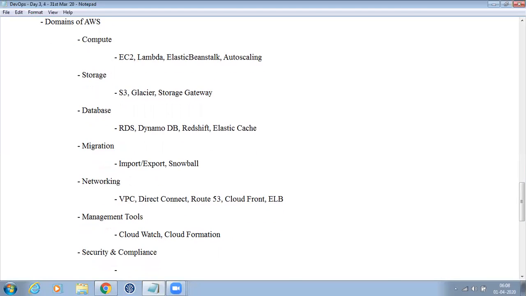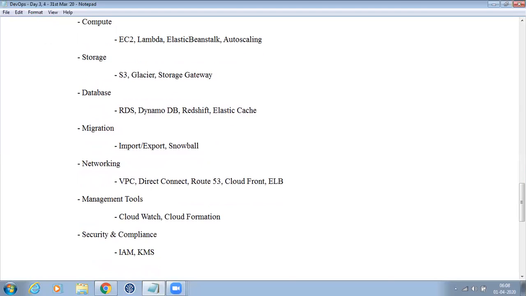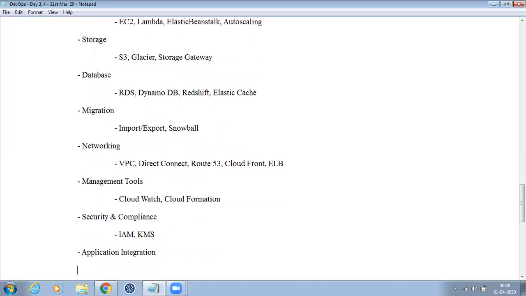Under security and compliance, we can list IAM and KMS. Then application integration. We have tools like SNS and SQS.